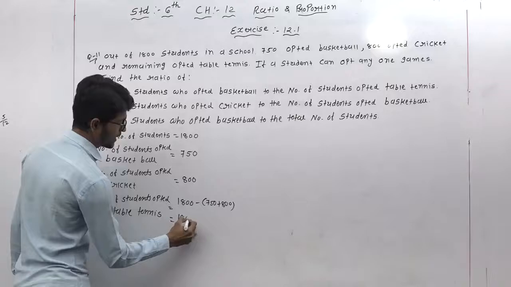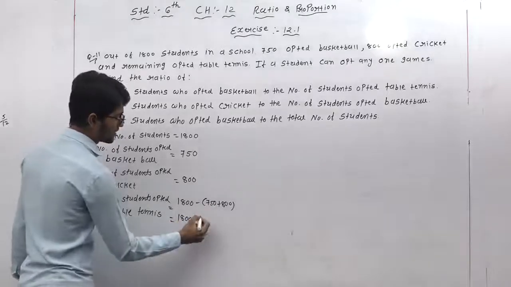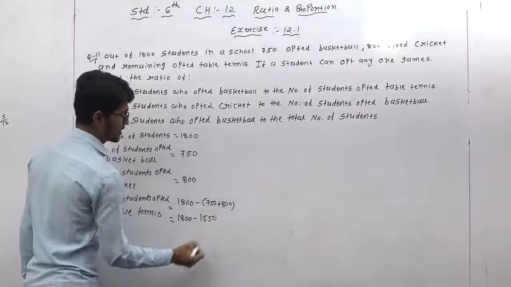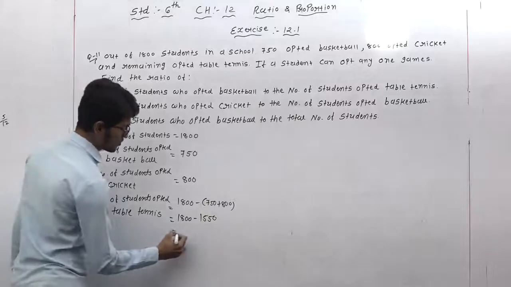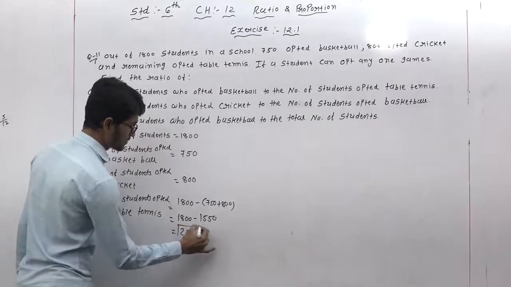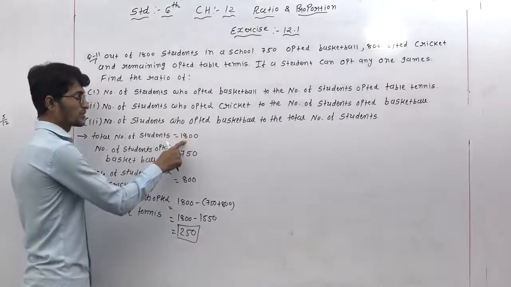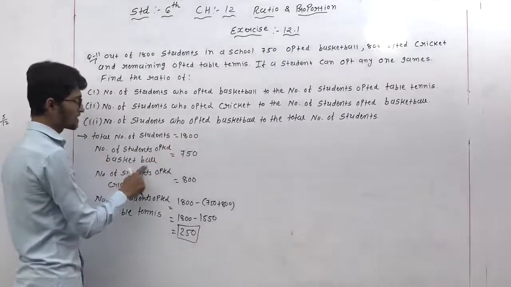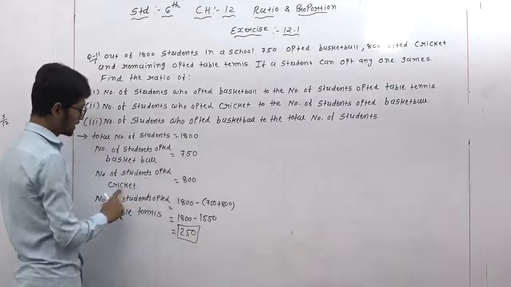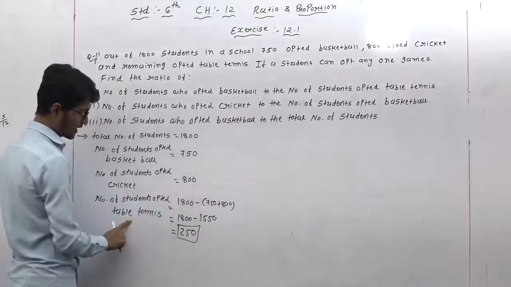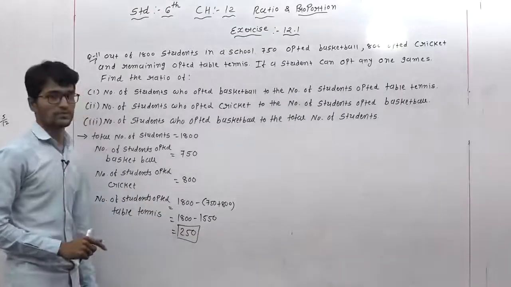So 1800 subtracting this two, yani ki 1550. So how many? 250 students opted by a table tennis. So total number of students 1800, basketball students 750, cricket students 800, and table tennis students 250.